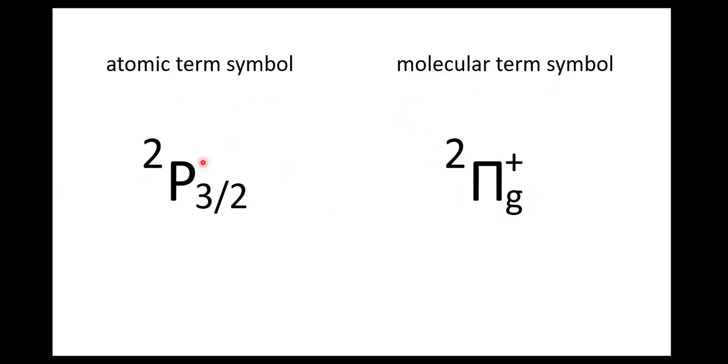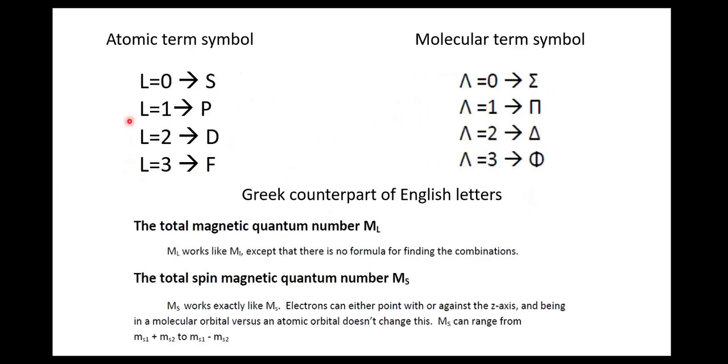So this is a typical atomic term symbol, right? And this is a typical molecular term symbol. And the correlation is very easy. For the atomic term symbol, we have the L values that correspond to different English letters. We went through this previously. For the molecular term symbol, it's actually the same. Instead of calling it L, we call it lambda.